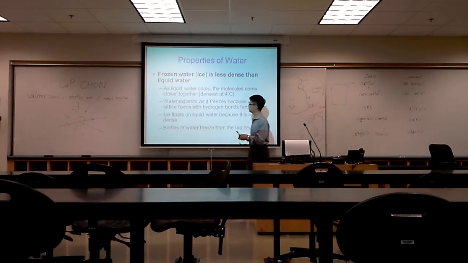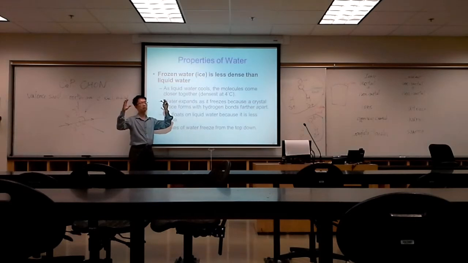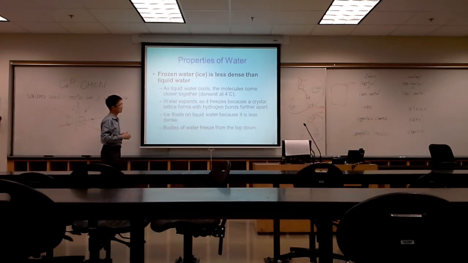When liquid water cools down, of course, all the molecules will come closer to each other, as we know that heat expands and cold contracts. So all the water molecules will come close to each other at 4 degrees Celsius. After 4 degrees Celsius, the water actually will expand.